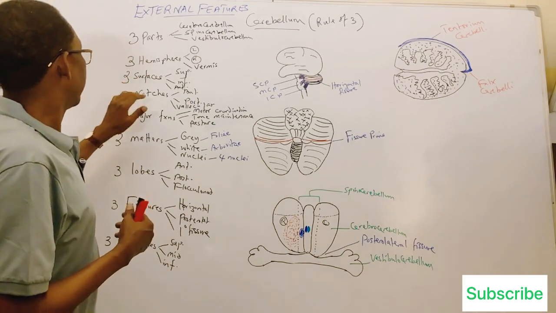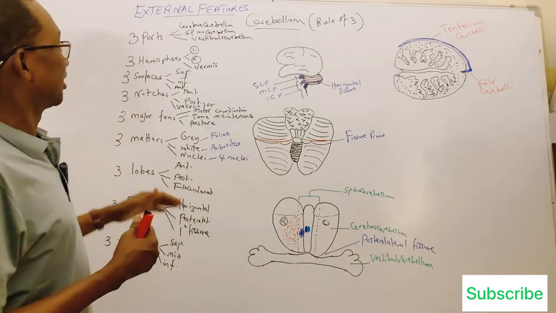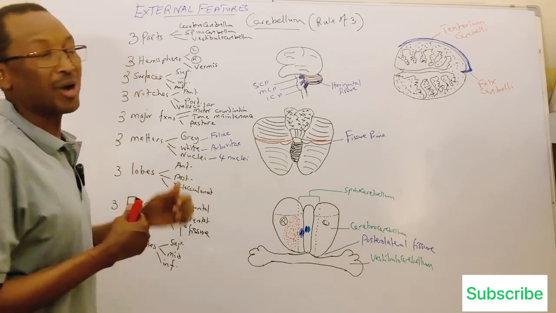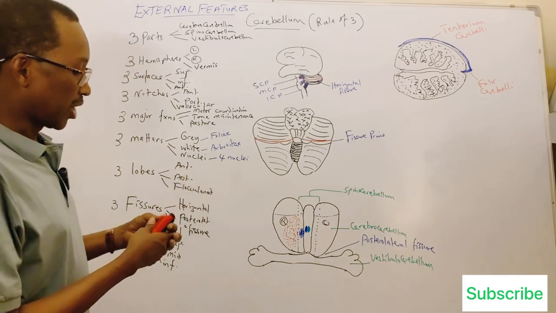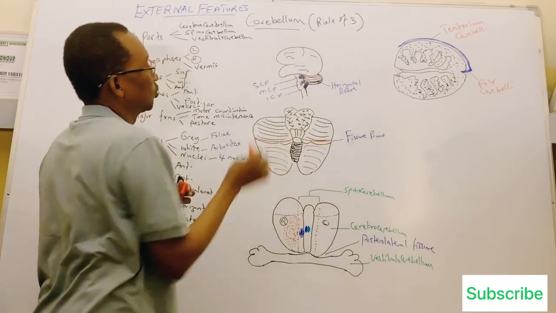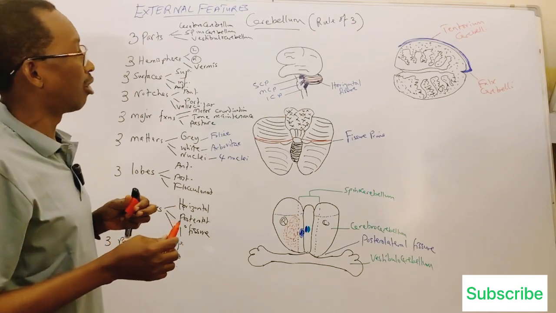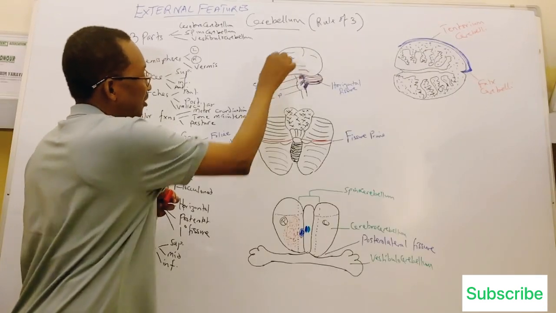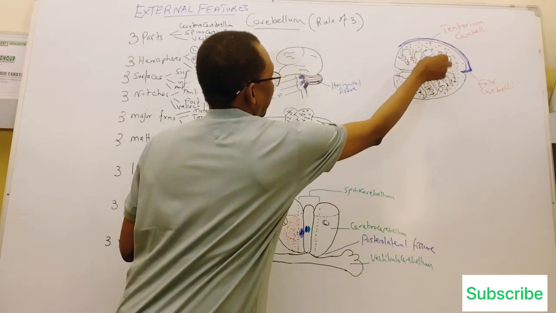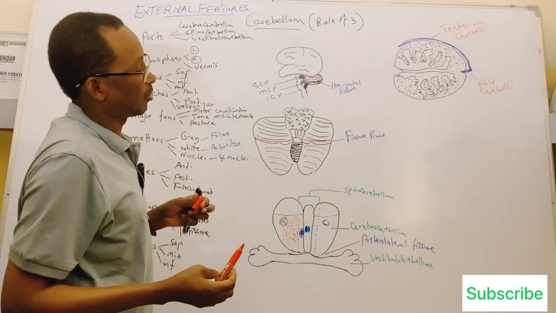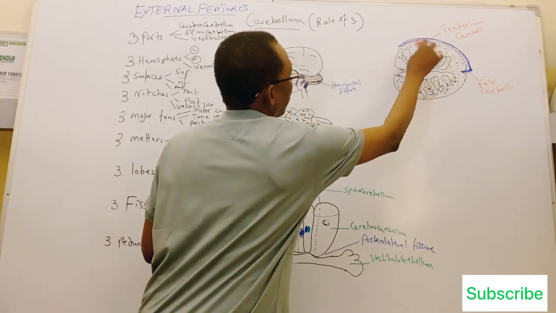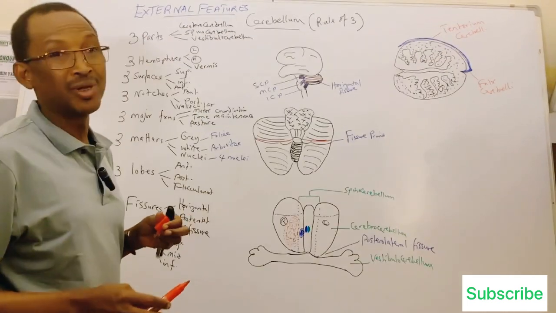The cerebellum, in most of your textbooks, you will see that it is made up of 2 surfaces. But in the real sense, cerebellum has 3 surfaces. We have the superior surface that is in relation to the inferior aspect of the occipital lobe of the cerebral hemisphere. And this superior surface of the cerebellum is in relation to one fold of membrane, what we call the tentorium cerebelli.